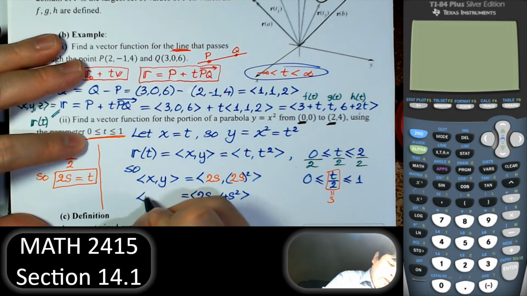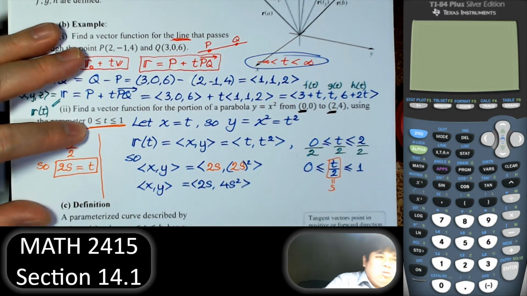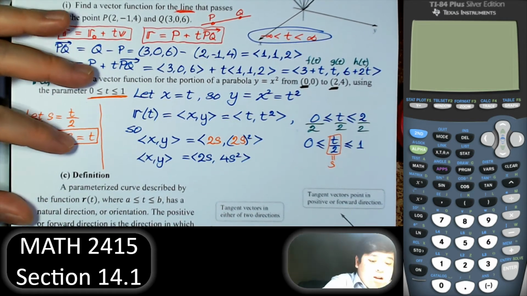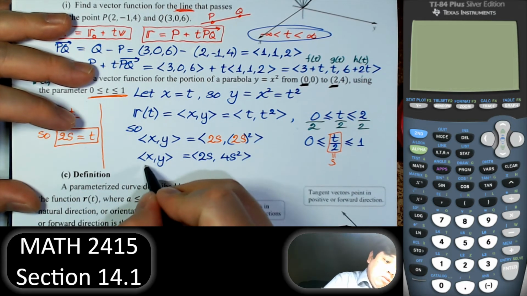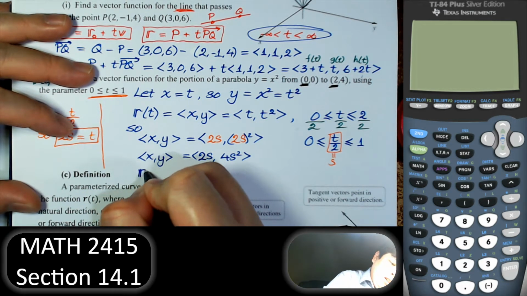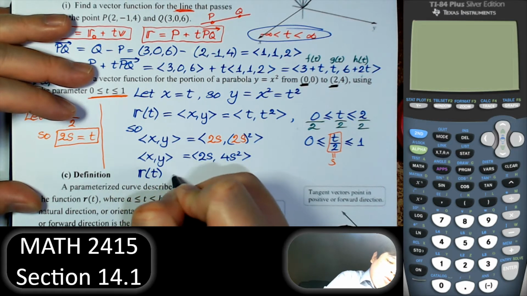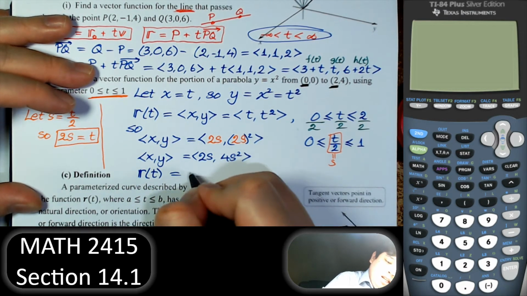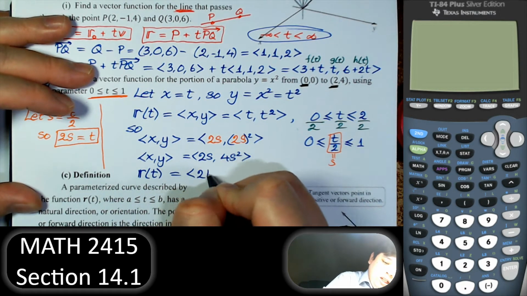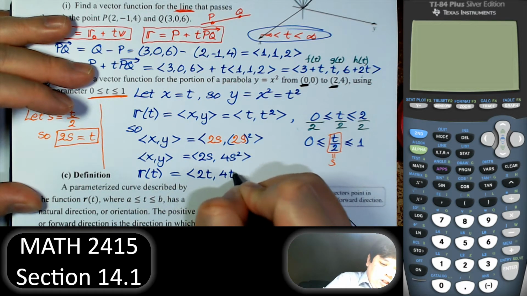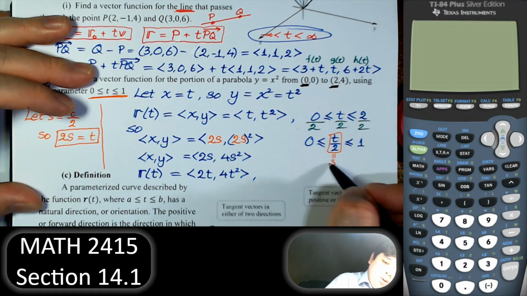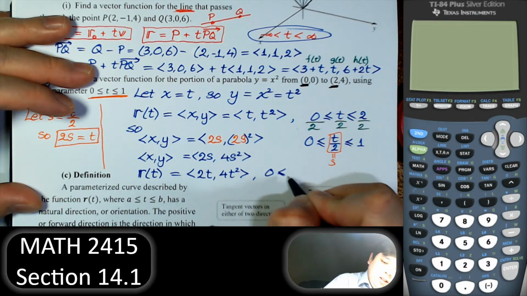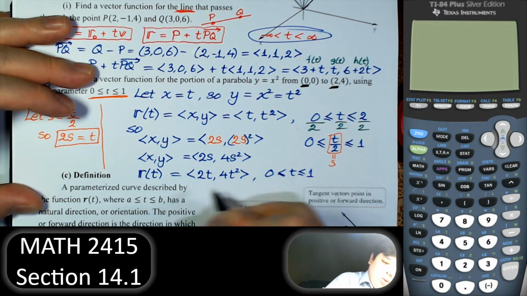And we still have two components, x and y. And finally, if we want to write that in terms of t, we now replace the s by t. We just say we have 2t, 4t squared, and then with t replacing s, we have 0 to 1.